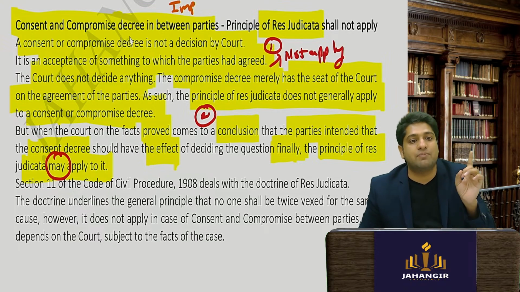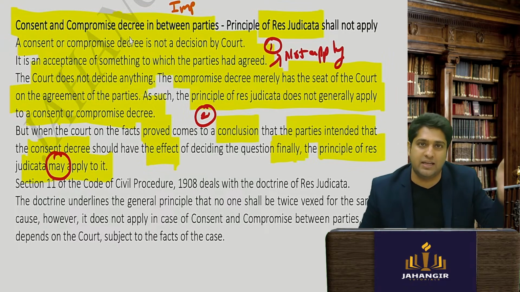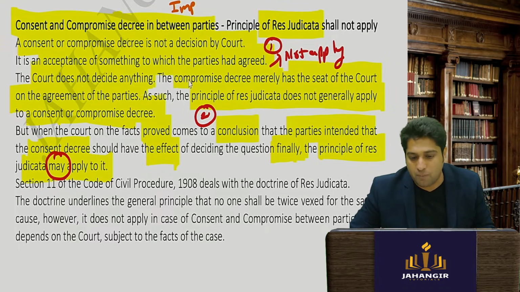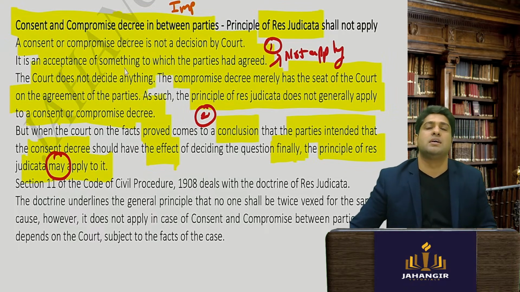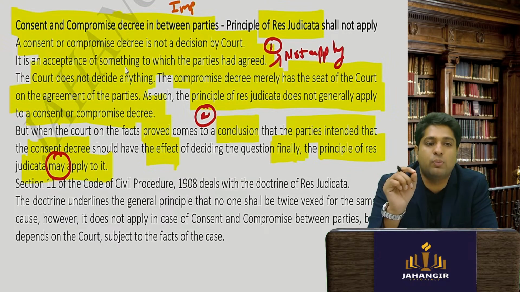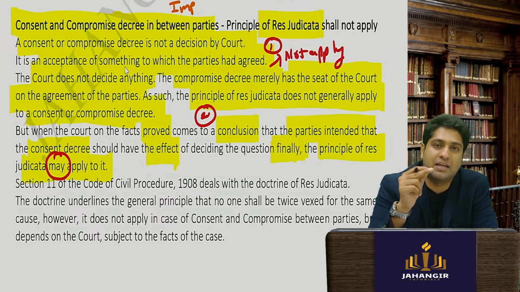It's acceptance of something to which the parties have agreed. Parties had only agreed and they had signed the consent papers. The court did not decide anything. The compromise decree merely sets a seal on agreement of the parties. So the court has said, okay, fine, the parties have agreed to it. Now, whether the doctrine of res judicata applies, can it be said that on compromise the party was actually punished?